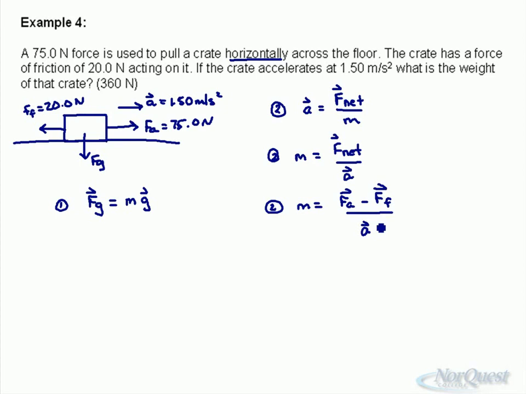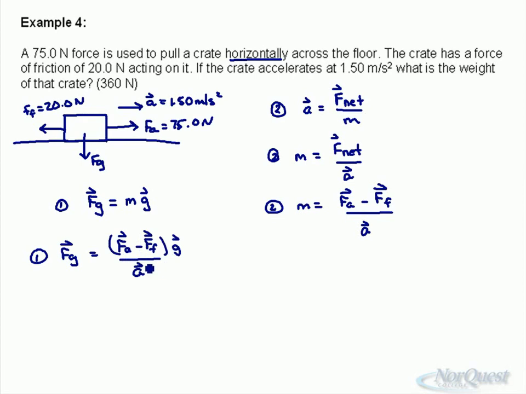I can find the mass by punching those numbers in, or what I could do is one single substitution and write this as force due to gravity equals mass, so Fa minus Ff. Don't forget to multiply that whole thing by g, and we're going to divide it by a. Don't cancel a and g.